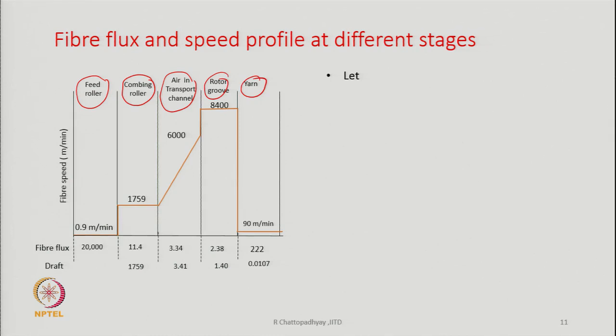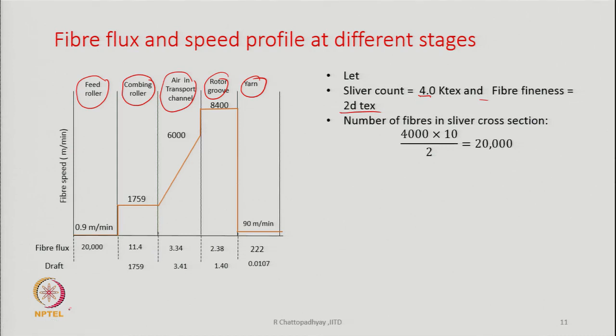So, I have 1, 2, 3, 4, 5 different sections of the machine, and we want to find out the fiber flux. First, let us look at this small numerical to find out what the values could be. Sliver count is 4 kilotex, fiber fineness is 2 decitex. Number of fibers in the sliver cross section, we can find out, is going to be 20,000.